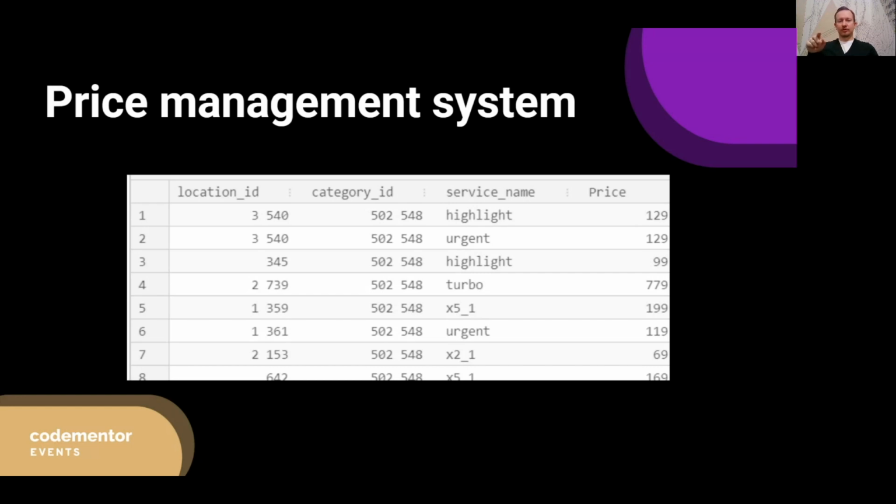In each cell, you have a price for each service. But it is very hard to change the structure, make it deeper, and so on, and split prices by some new parameters.